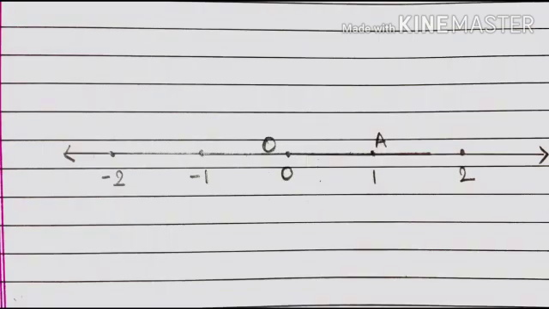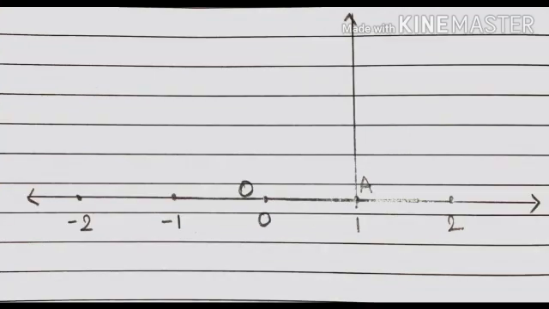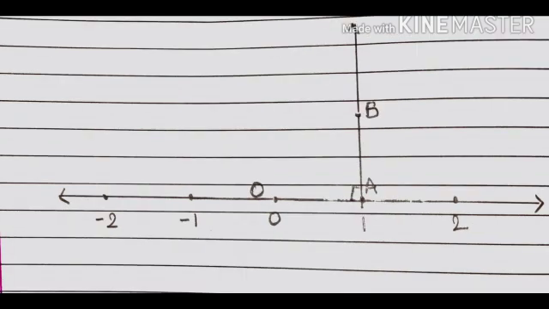Now, mark 0 as point O and 1 as point A. In the next step, draw a perpendicular at point A. Now, take a point B on the perpendicular drawn such that the distance between OA and AB should be the same.